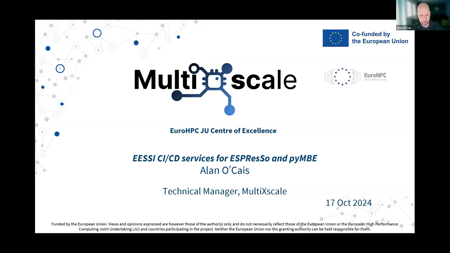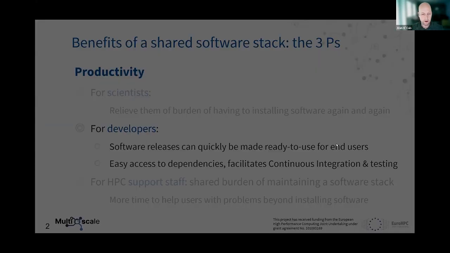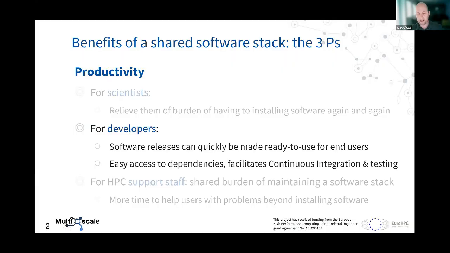So that's how we think about it right now. So I'll talk about those services in the context of 2 applications, so ESPResSo, and then something that uses ESPResSo as a dependency called pyMBE as well. Let me move forward.